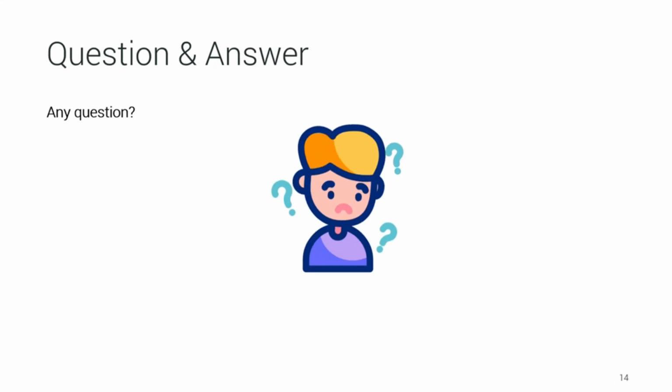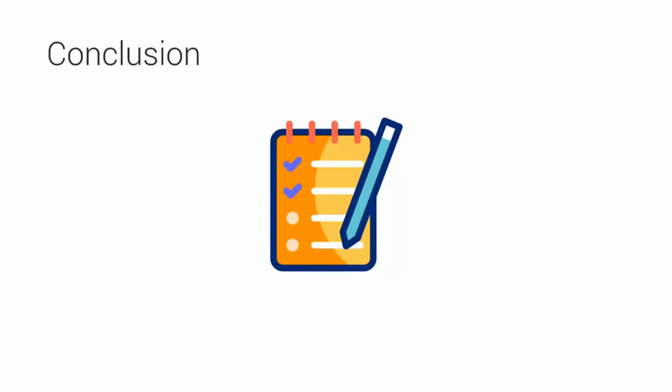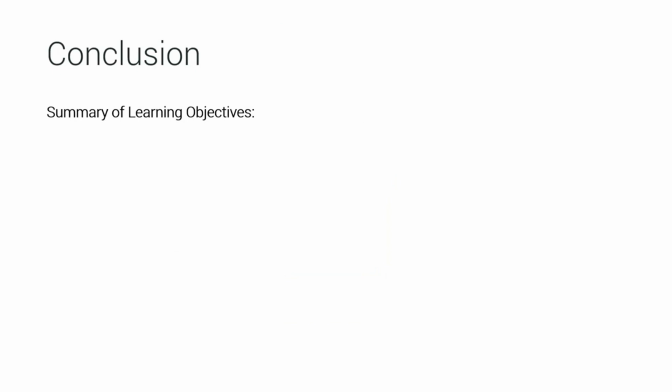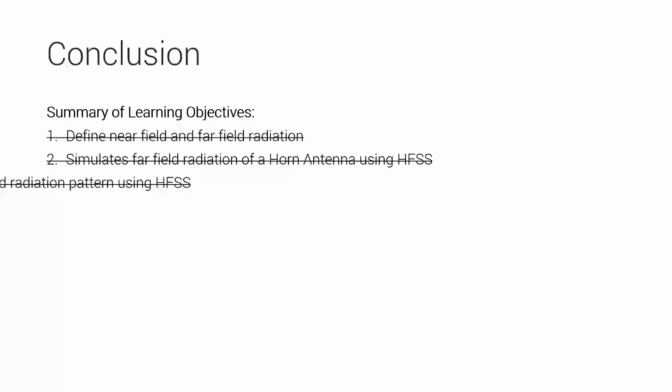If we don't have more questions, I will just proceed to the conclusion. For the summary of the learning objectives, we already defined what the near field and the far field radiation are. We already simulated the far field radiation of a horn antenna using Ansys HFSS, and we already plotted the far field radiation pattern and did the post processing using HFSS.